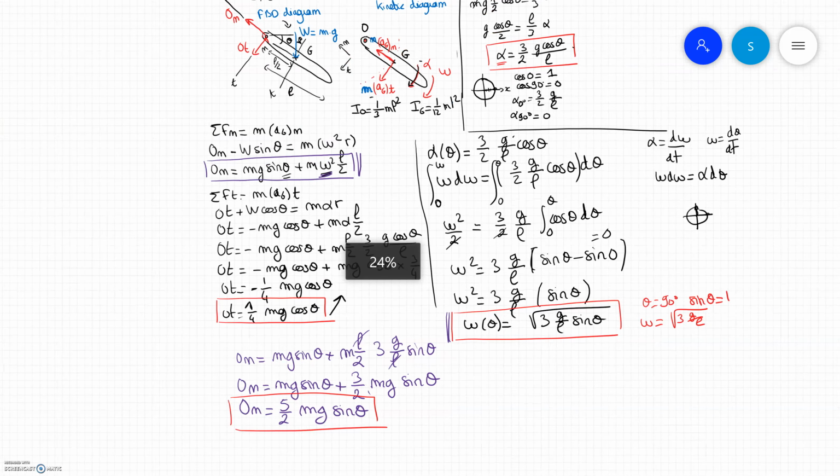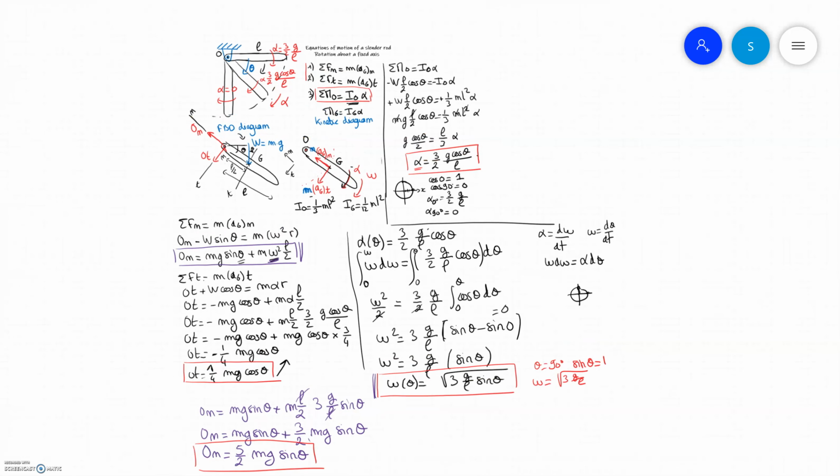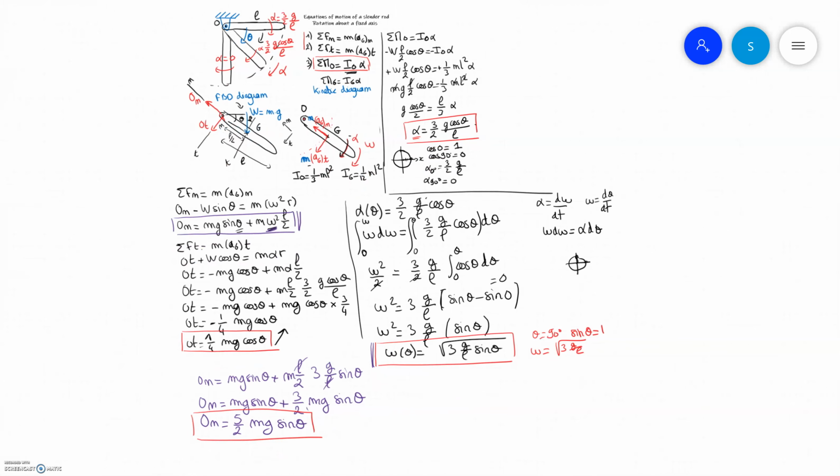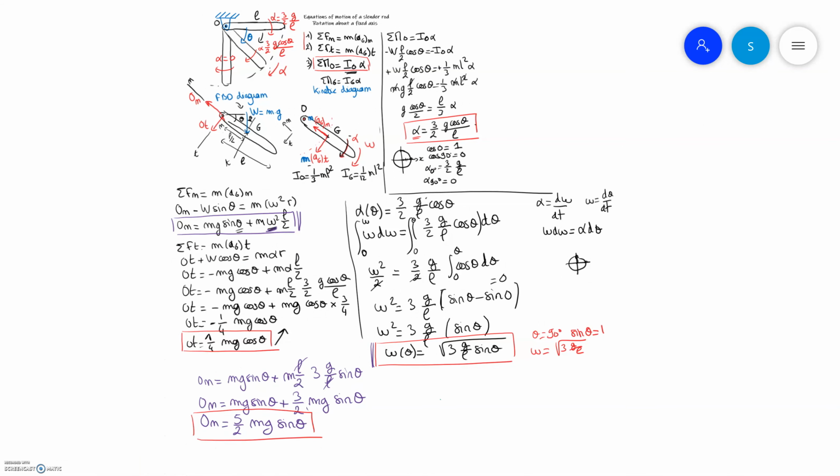So yeah, redo this slender rod. I try to have everything in the final video, so you have everything. I will recommend you try, for example, the mass. Oh yes, the mass is important for ON and OT, but not for alpha and not for omega.